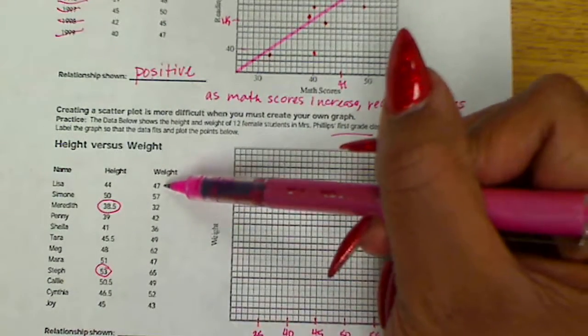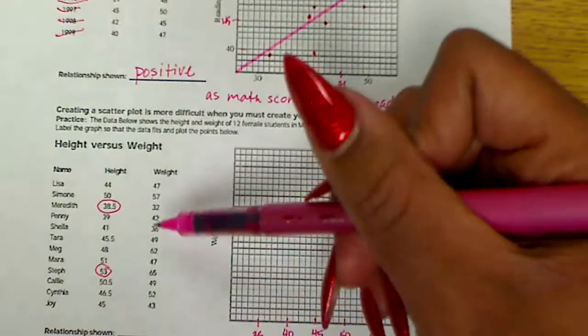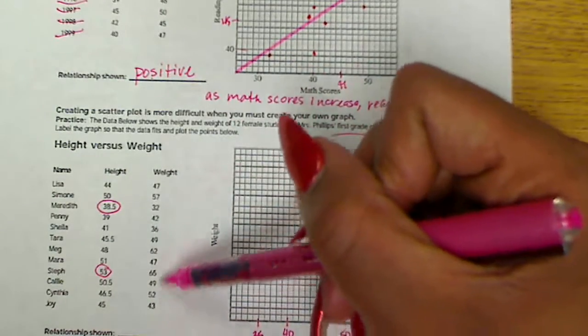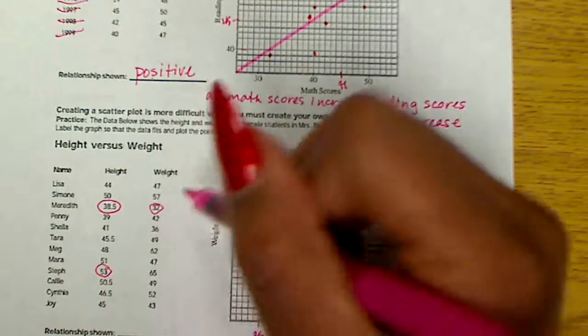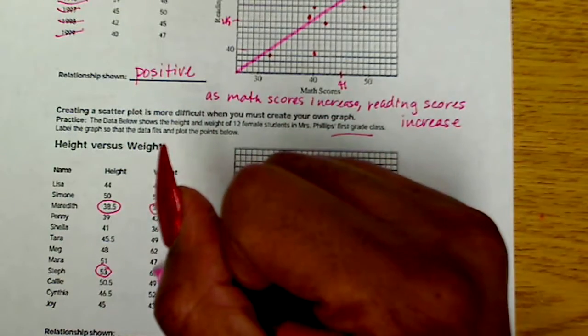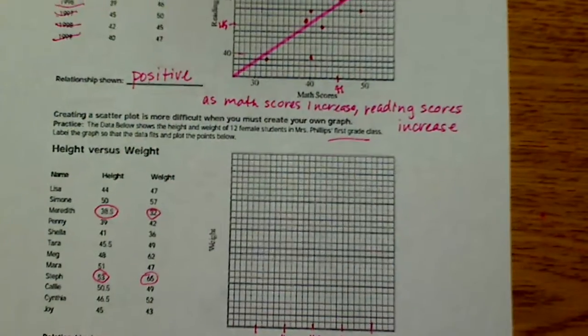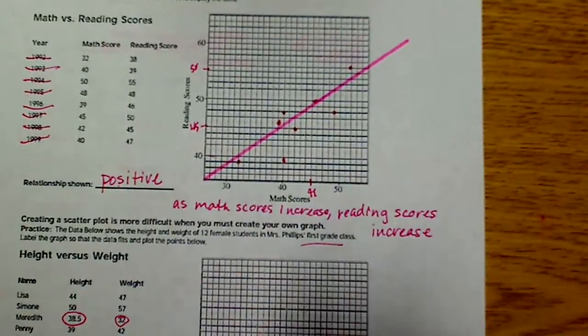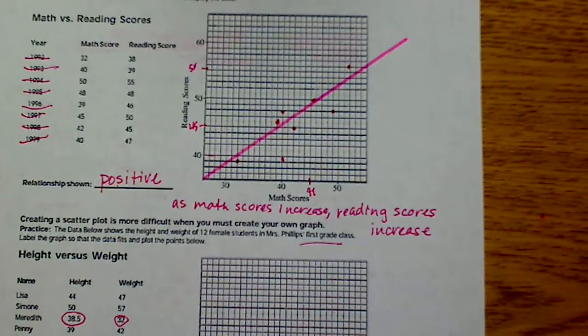And then for my highest and lowest weight, my lowest weight is 32, and my highest weight is 65. So for weight, I might want to use increments of 10.